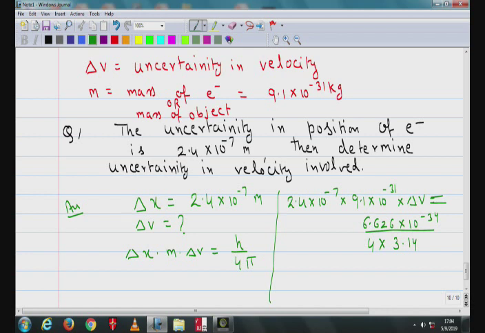I have told you the student who writes the answer on the screen should write it with their name. Senapati, who has got this answer? Dear, you have to write your name over there.